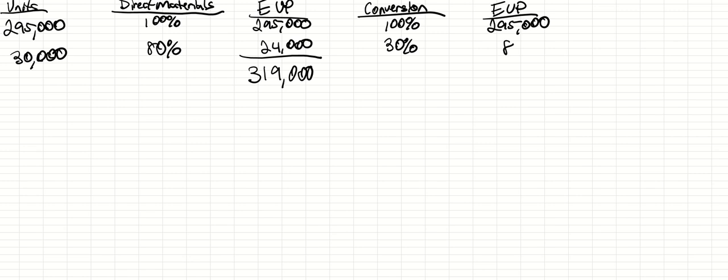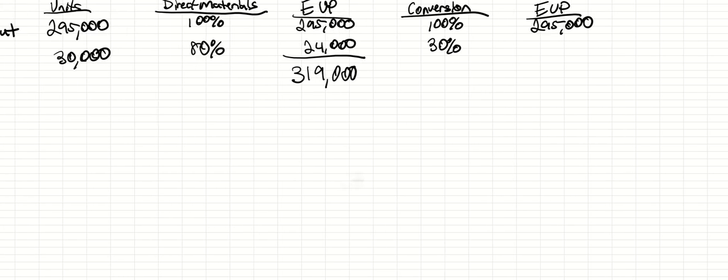let's see, making sure that my math is correct. So 30% of 24,000. Oh, I'm doing this incorrectly. So you're seeing this live, so I'm not going to pause this and do it all over again. It's 30% of 30,000 units.